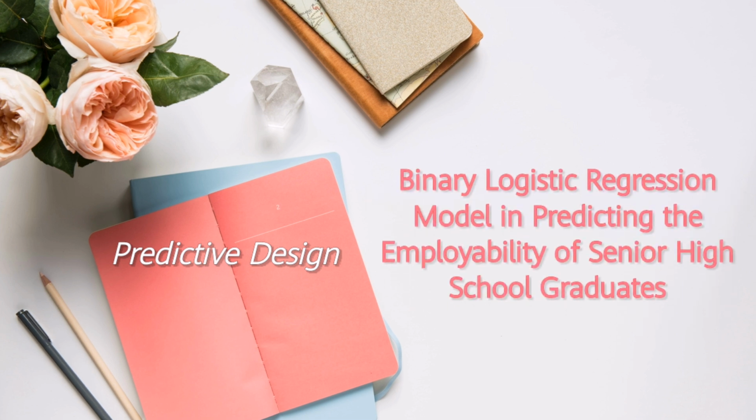For example, my study entitled Binary Logistic Regression Model in Predicting the Employability of Senior High School Graduates. I made use of binary logistic regression for me to predict the employability of senior high school graduates. I have made or formulated a model in the prediction phase.